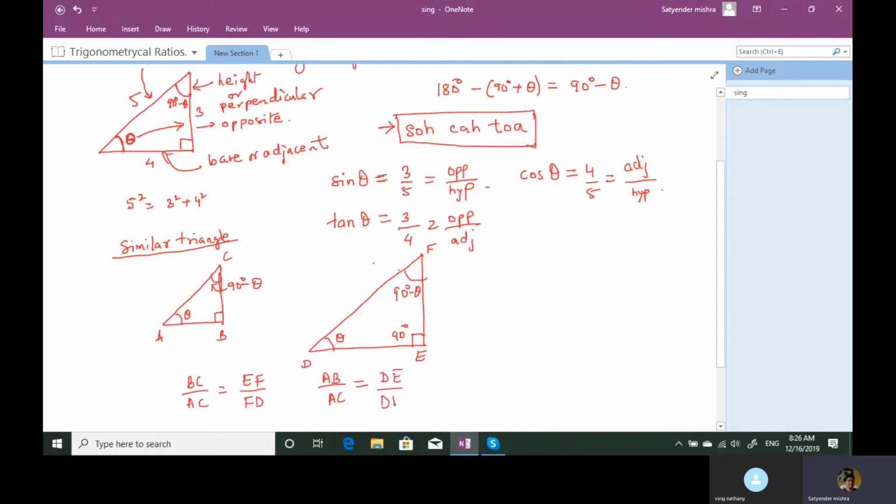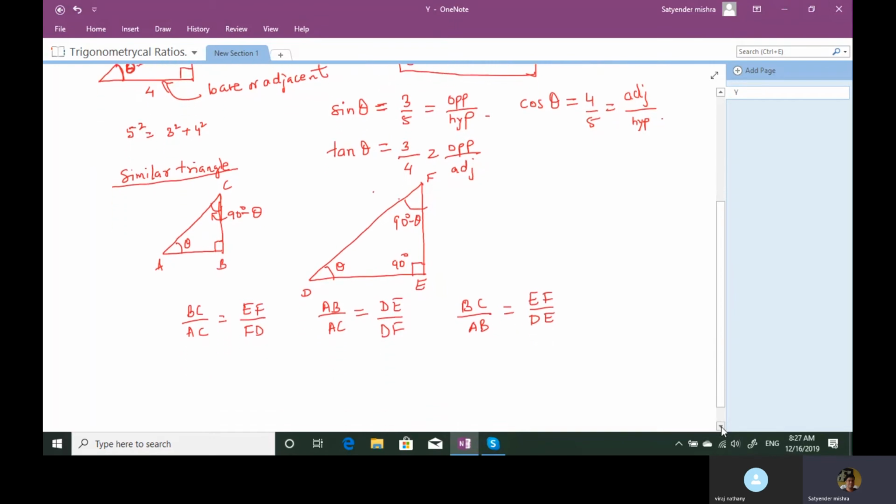Right? This we can write if these two triangles are similar, and we can write here BC by AB is equal to EF by DE. Right? If these two triangles are similar, then we can write these relationships.